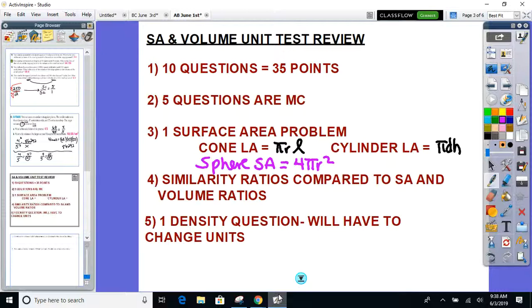Okay, hopefully you're ready to go hardcore here with the review. Go to your packet. What page are we on there? 39. Okay, page 39. Let's do this. I got a couple questions. Now, when we do the second one, that's going to be the one you were asking about when we get to it.